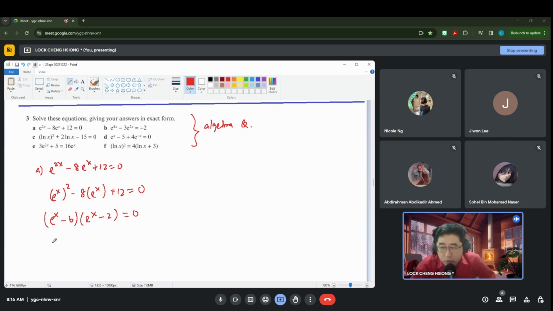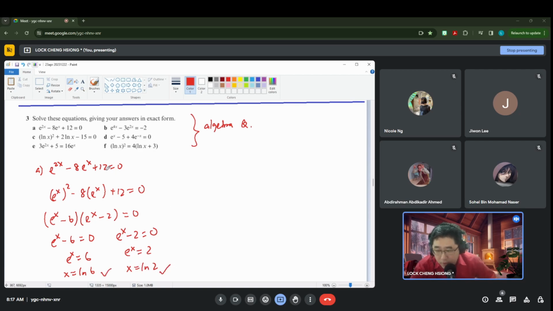Because of the factorization, e^x minus 6 equals 0 and e^x minus 2 equals 0. After that, you have e^x equals 6, x equals ln 6. Then e^x equals 2, x equals ln 2. So that will be your answer.